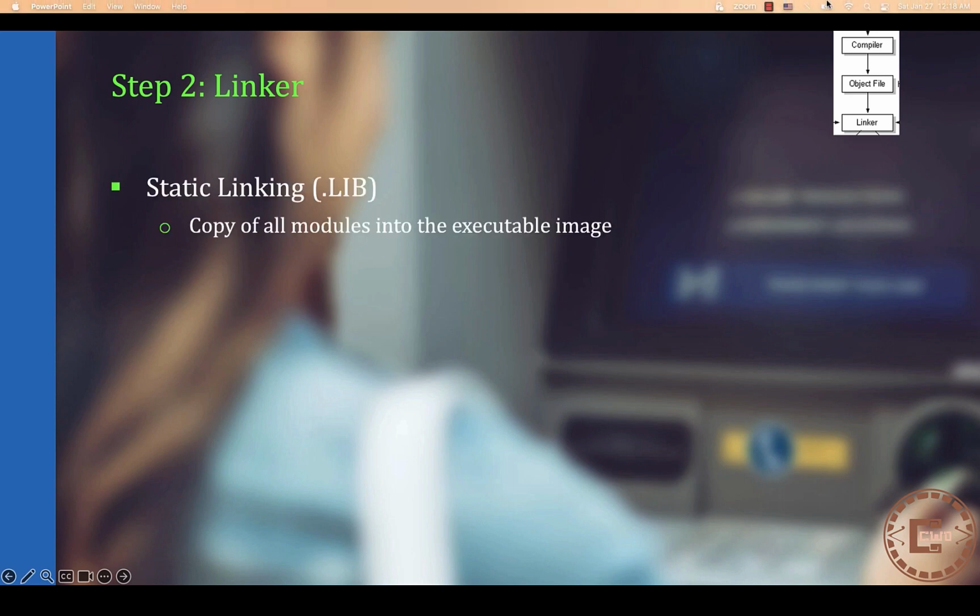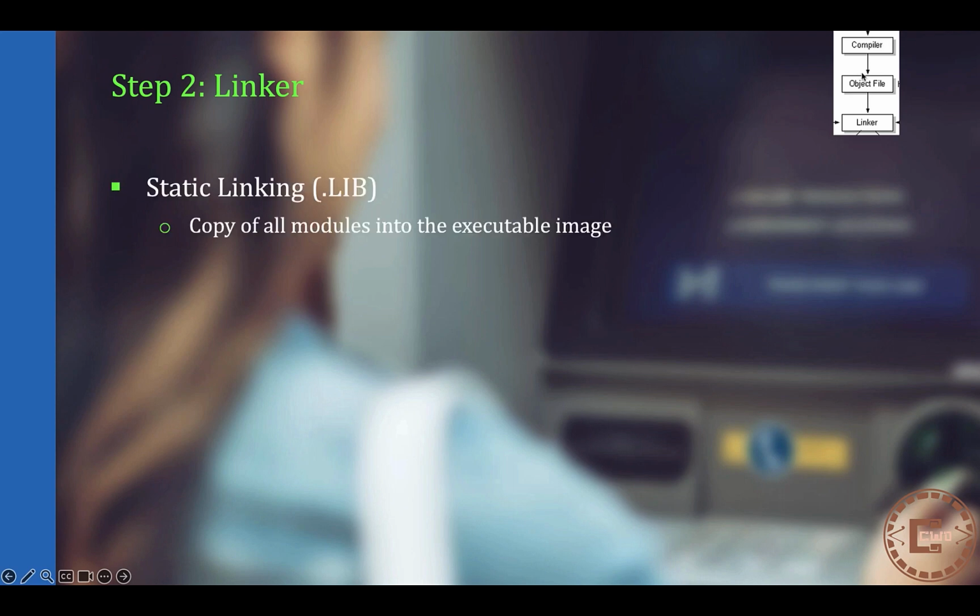Linker guy. Now we're here: compiler, object file, and now we are at the linker. The linker is going to merge everything together and create the final executable. So it has two options. One is static linking. Static linking means it can take all those different external object files and create one single file, which is called statically linked.